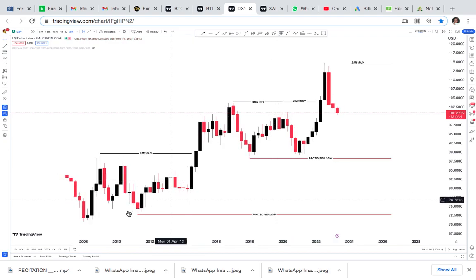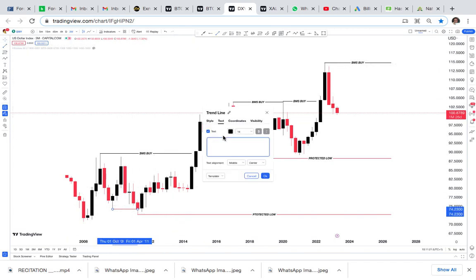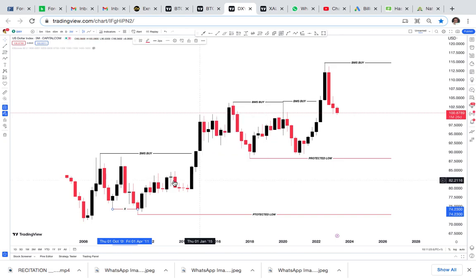Okay, so what do we have? We have this high at first, then we have this low, but this low was broken, so this low that was broken was a liquidity, so I have to liquidate it.